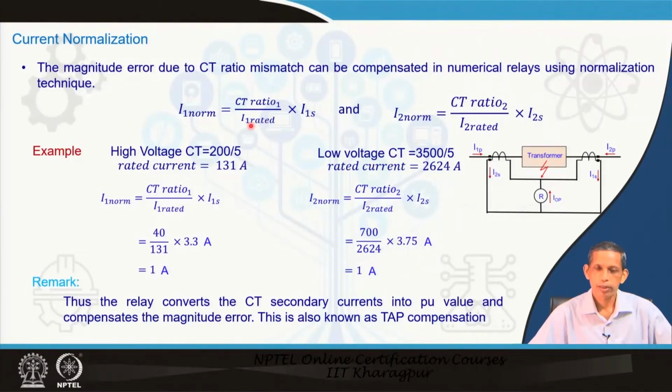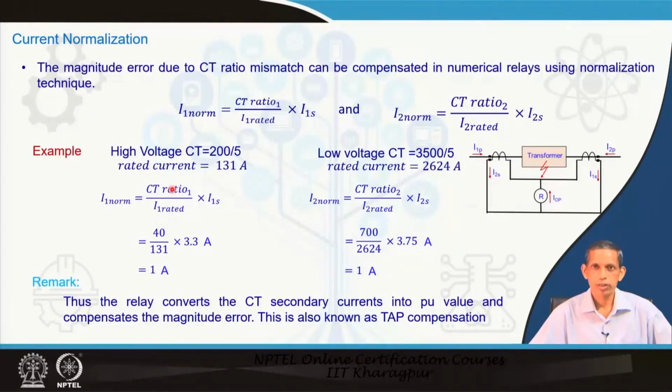So, the secondary current into CT ratio gives the primary side current of the system, divided by the rated current. That is the normalized current on the high voltage or primary side. Similarly, on the secondary side we have the corresponding I2s into the corresponding CT ratio divided by the rated current. So, this is about the normalized current.